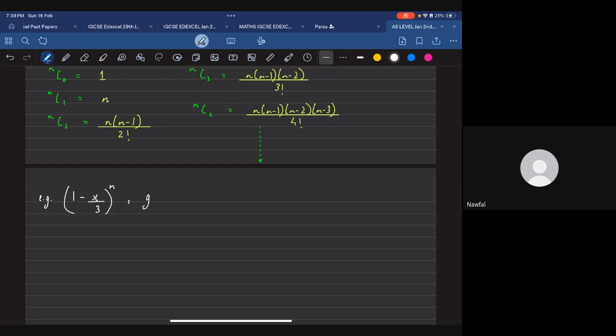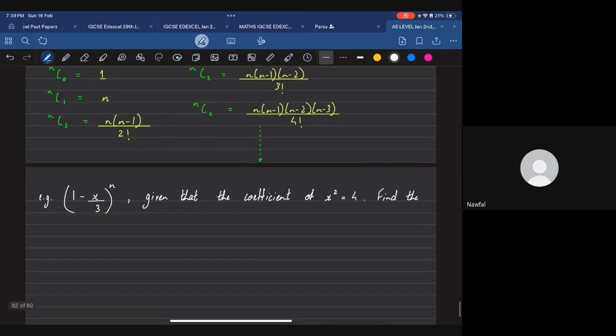They are saying, given that the coefficient of x squared is equal to 4, find the positive values of n. Now, what do we mean by this?